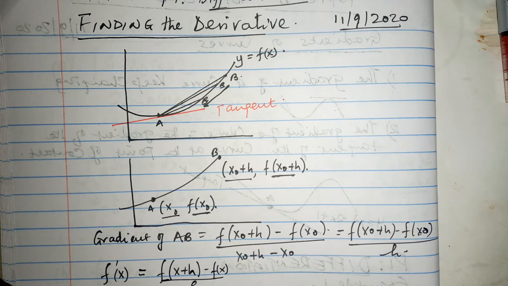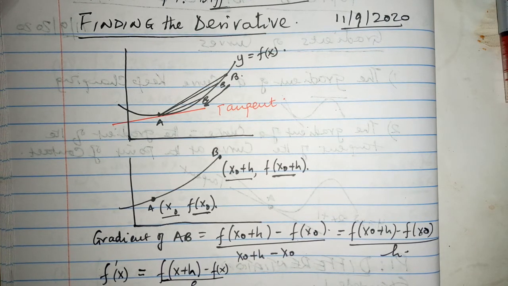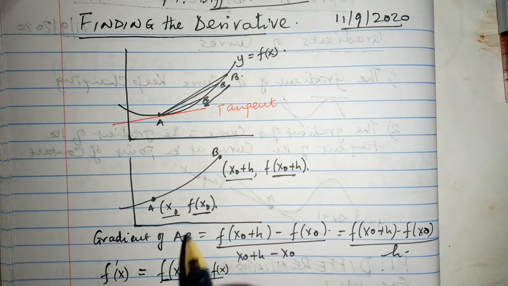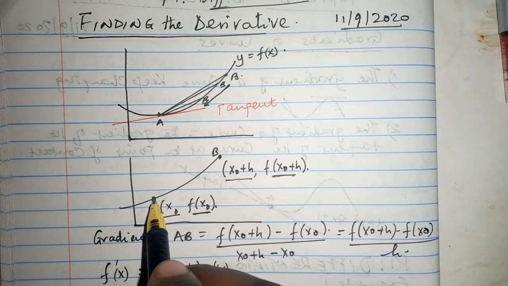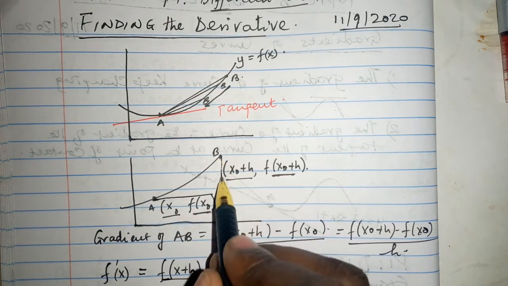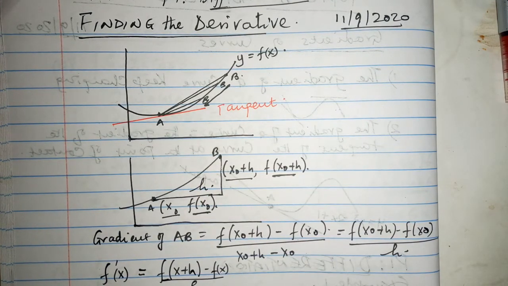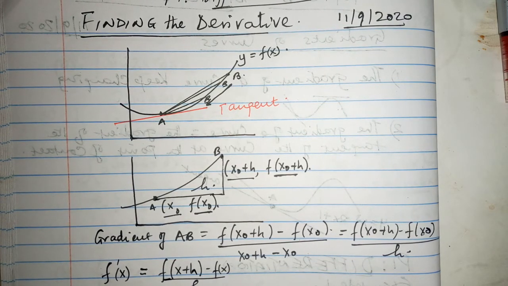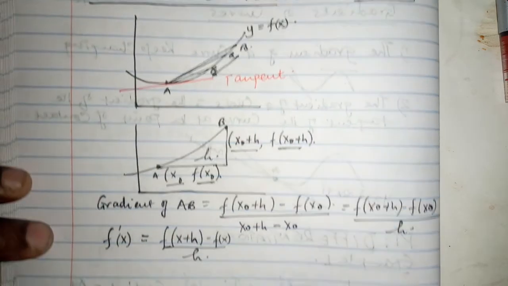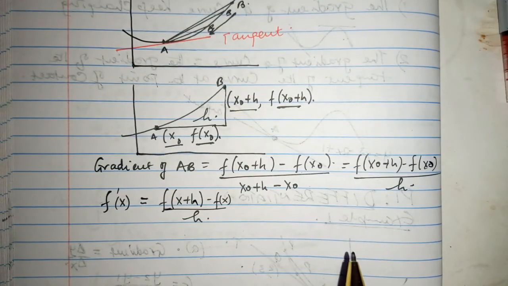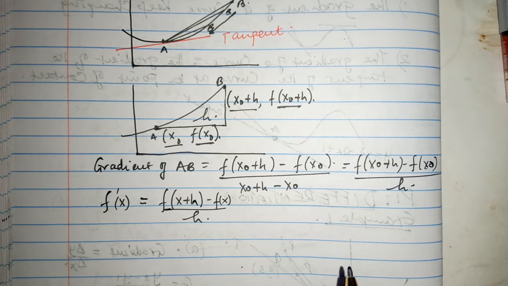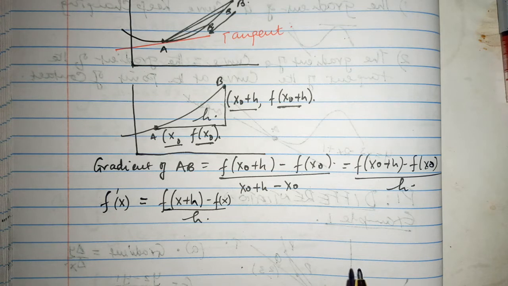What is this h? This h happens to be the horizontal distance between A and B. That is the h we are talking about. So as h reduces, we need to see what happens to the gradient. Now, the gradient function can be used to find the gradient of a curve for any value of x.